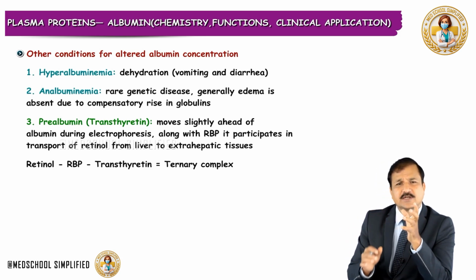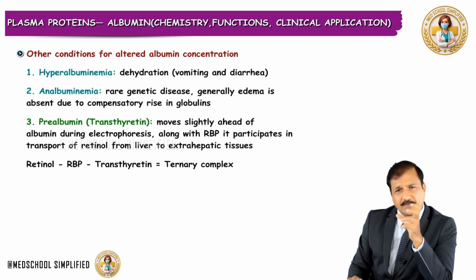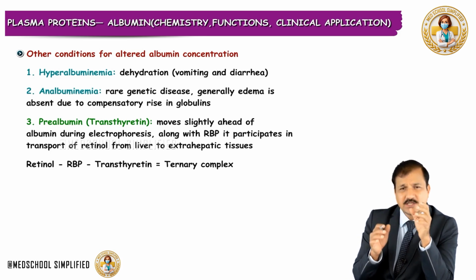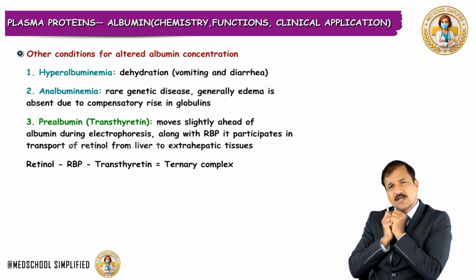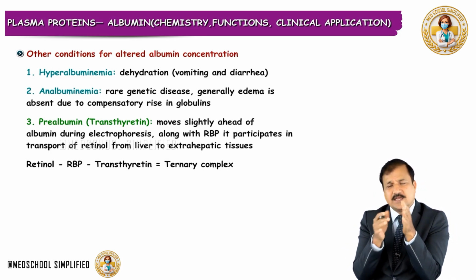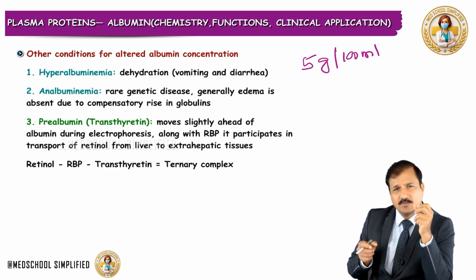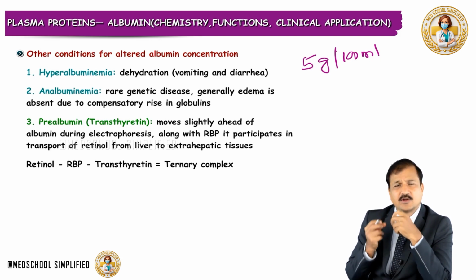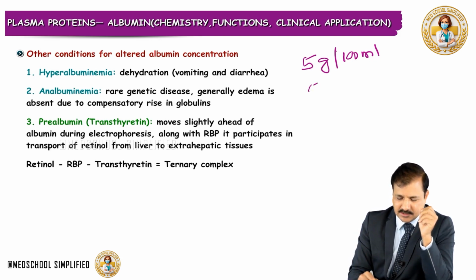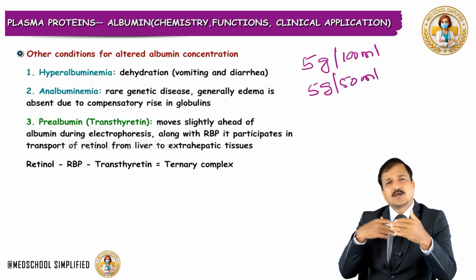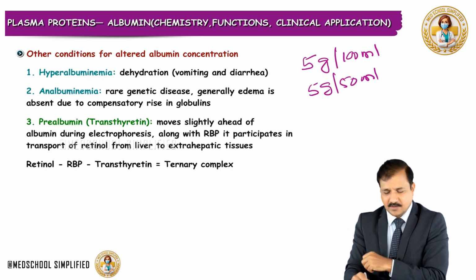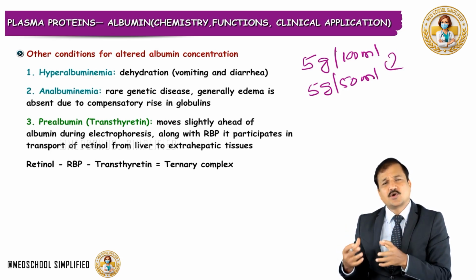Now dehydration, particularly if it develops rapidly, results in hemoconcentration, because water is taken out and the albumin amount is the same. So if albumin in the blood is, say, 5 grams per 100 ml of blood, and you take only the volume out, so you take out 50 out of 100 ml, it is still 5 grams in 50 ml. That means 5 gram in 100 ml, 5 gram in 50 ml, it is just hemoconcentration.